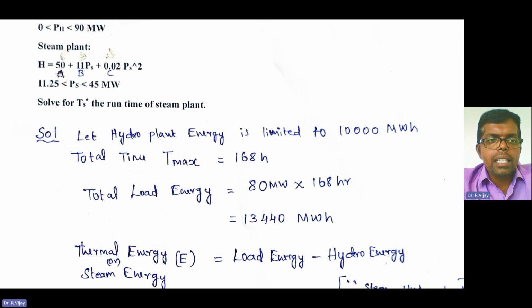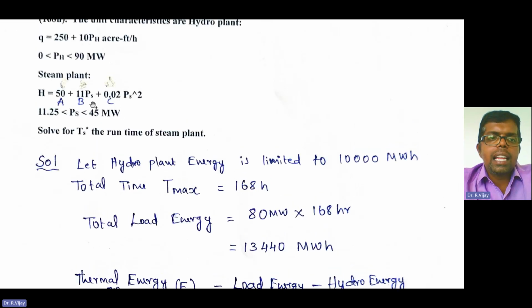The general formulation is A plus B PS plus C PS squared. In our previous problems, we considered A into PS squared plus B into PS plus C, but in hydrothermal scheduling we consider it in the reverse manner, because the equation is derived in this form.